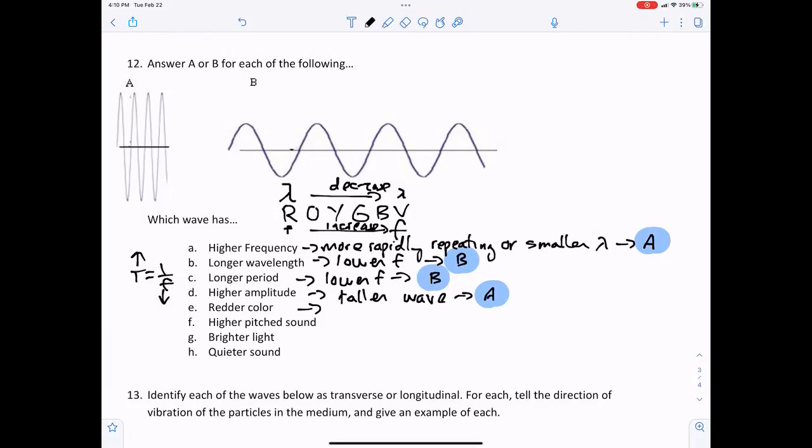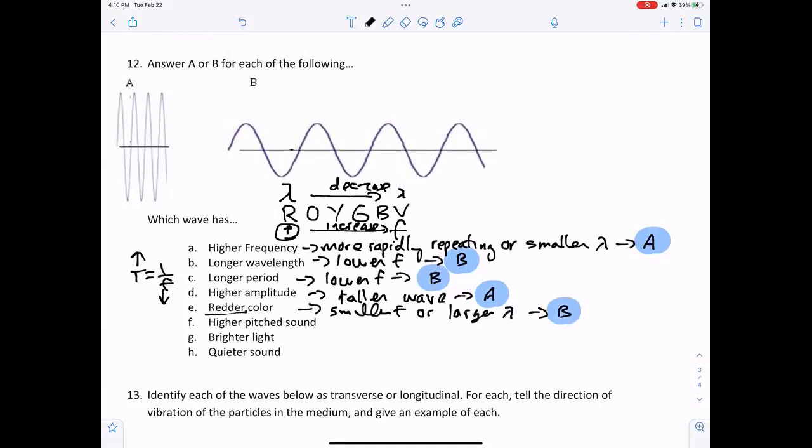So a redder color is one that has a smaller frequency or a larger wavelength. That would be wave B.